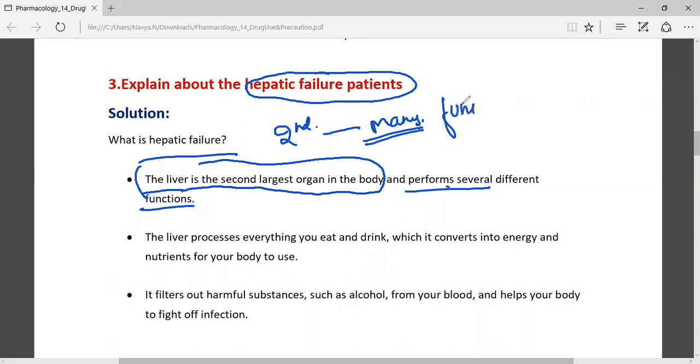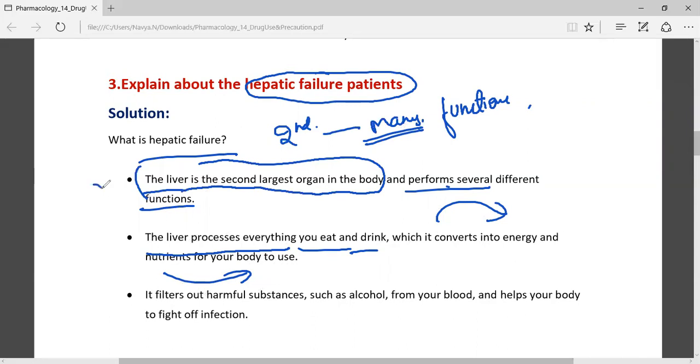The liver processes everything you eat and drink and converts it into energy and nutrients for the body to use.